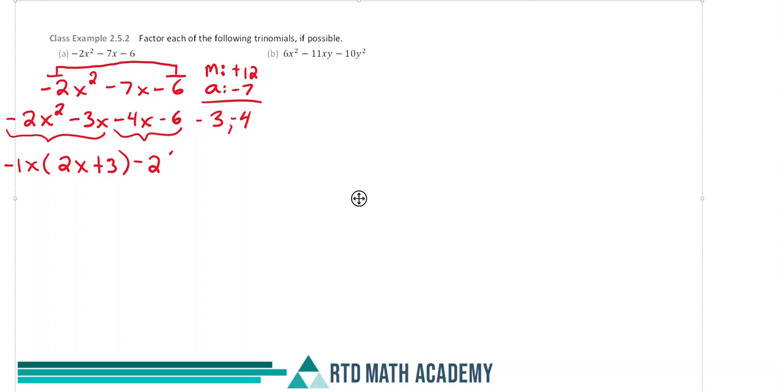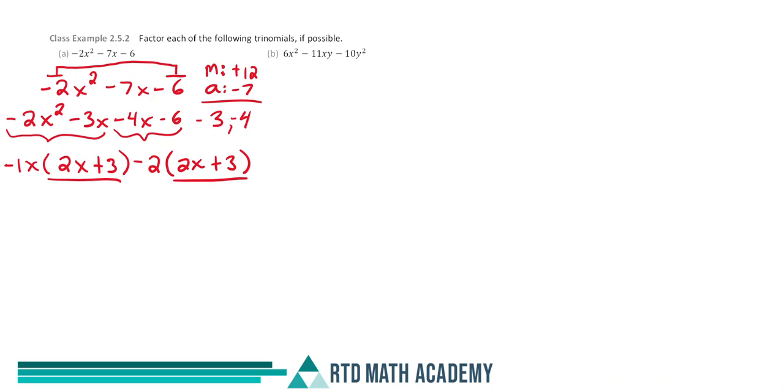All right, and then start a bracket. And then what do I have left? Well, negative 4 divided by the negative 2 I took out becomes positive 2x. And then negative 6 divided by the negative 2 I took out, that becomes positive 3. Well, hey, that's a good sign, right? Those are exactly the same. We were hoping for that.